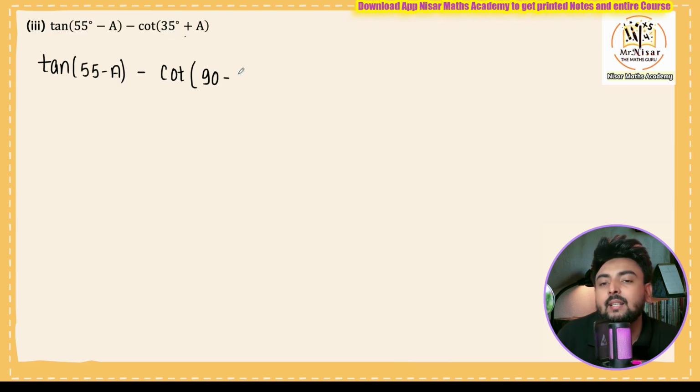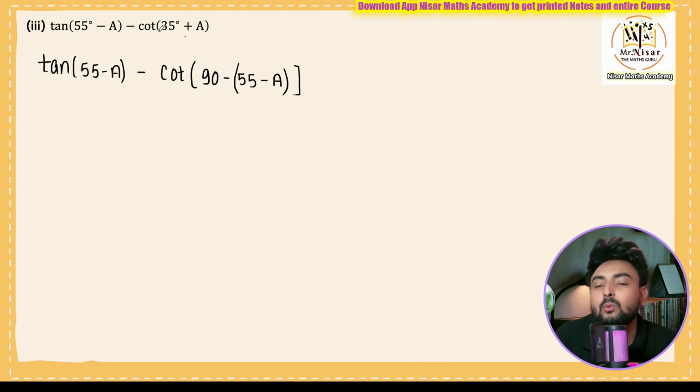So can I say 90 minus 55? 90 minus 55 becomes 35, and I want plus a. So here I'll write minus a, because when I open the bracket, minus is going to become plus. That's why I have to give minus a here. This is something which students don't understand. See, again I'll repeat.